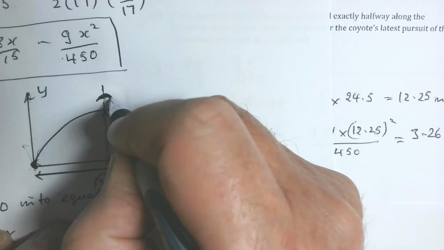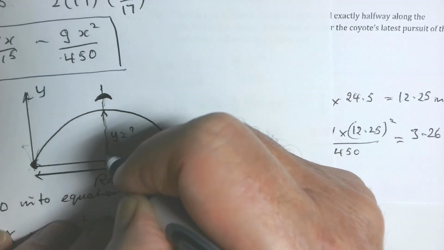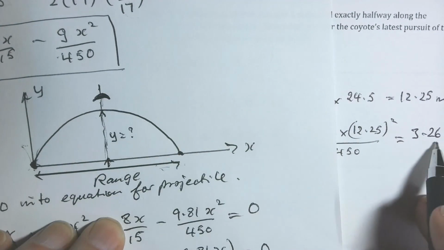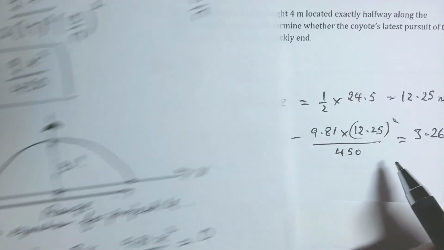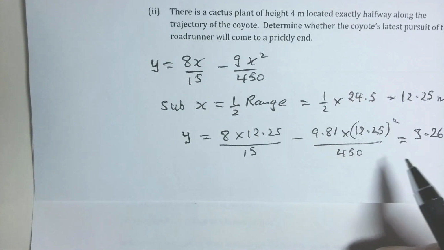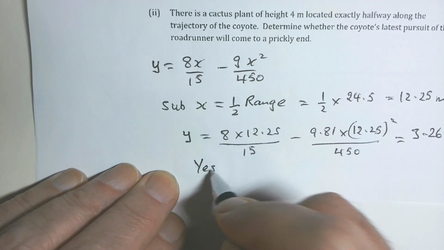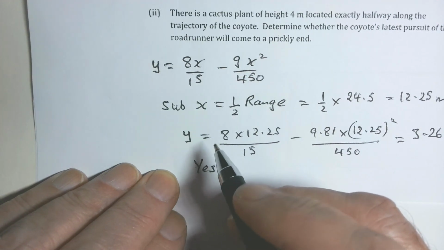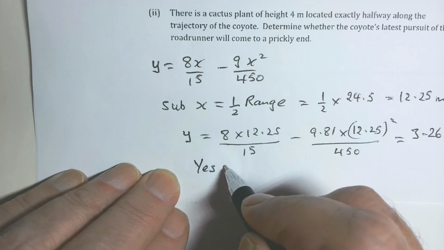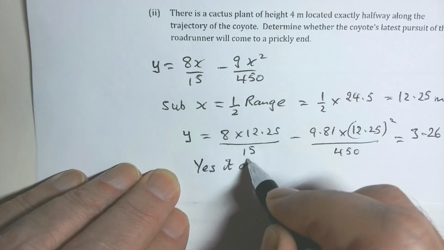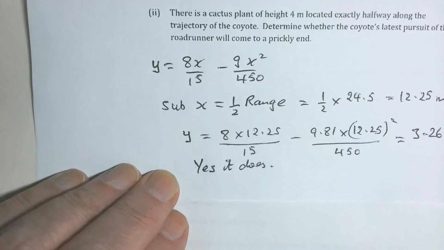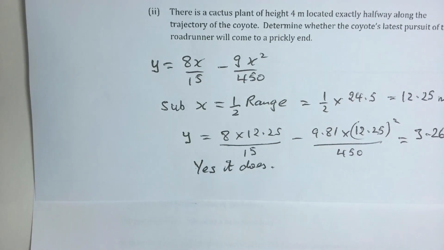It's going to be above the height of the trajectory there, so yes, he does collide with it. So yes, it does. Okay, so that's the end of that one.